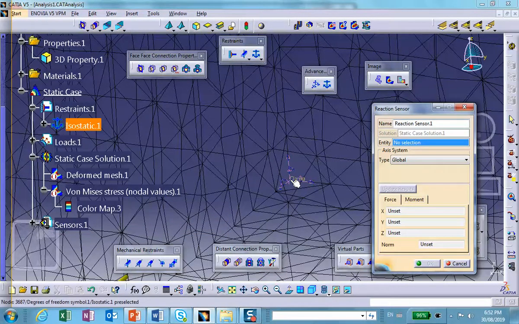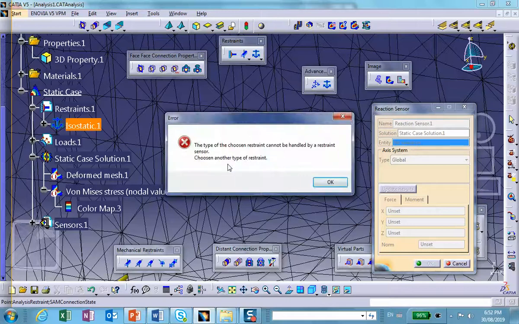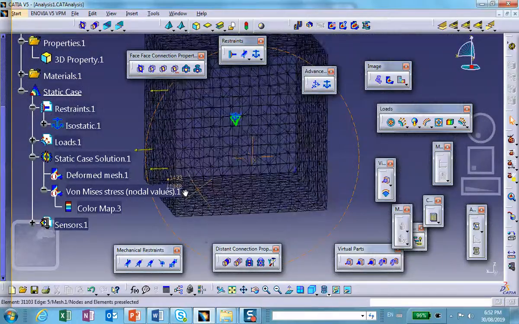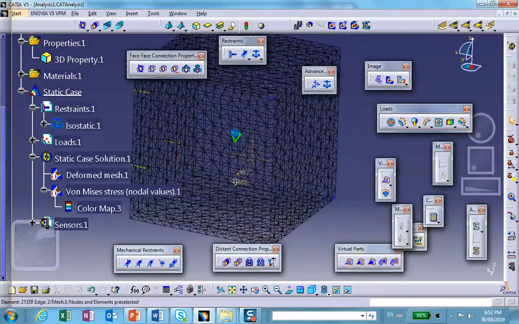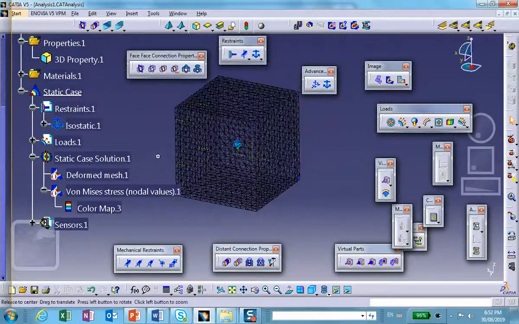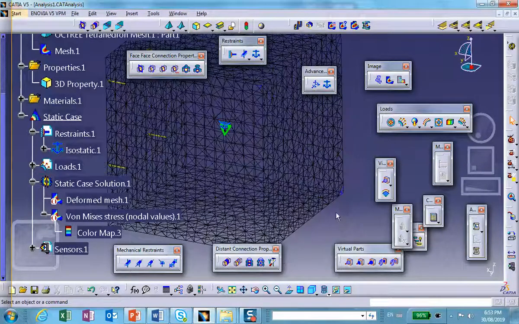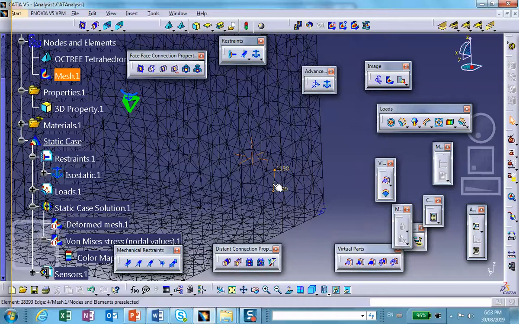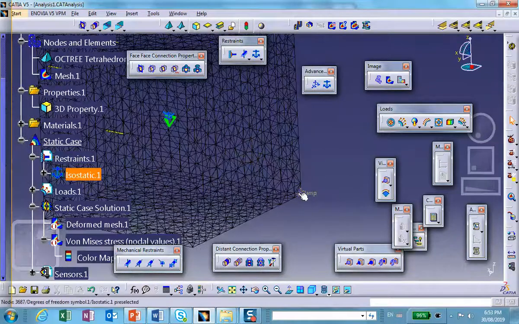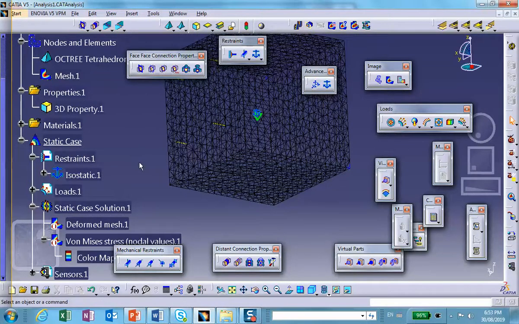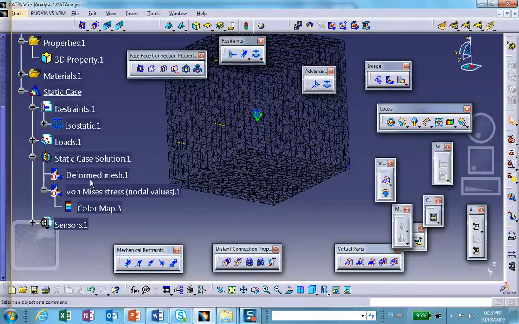It says we can't do that. This kind of thing is not legitimate, so we can't have any information about that particular reaction. So let's do it a different way. First of all, deactivate this plot. This bottom corner, as you recall, has just three restraints, and this is why it says clamp, by the way. I didn't do that. The 1, 2, 3 rule did it. Isostatic did it. So let me deactivate the mesh.